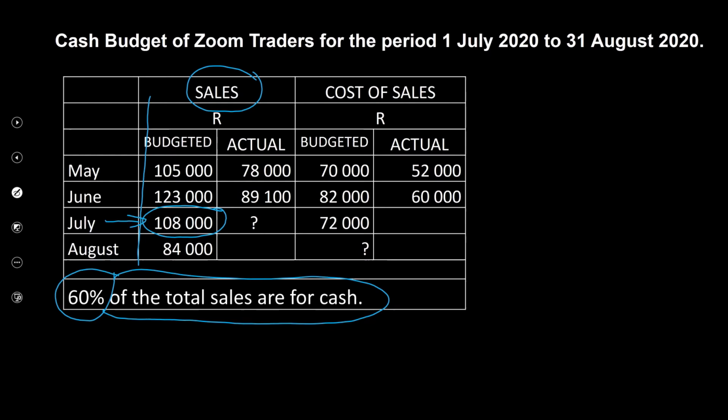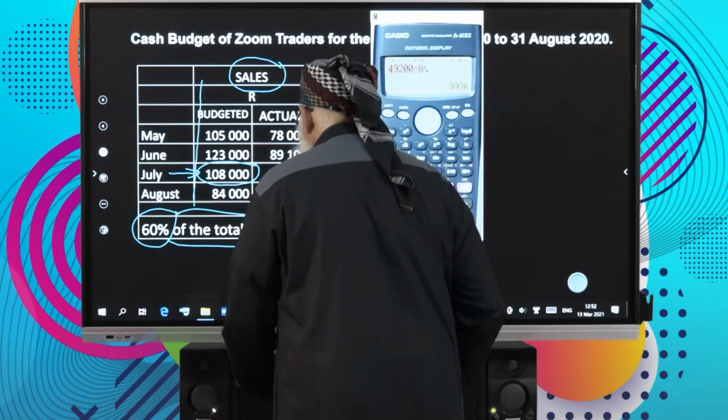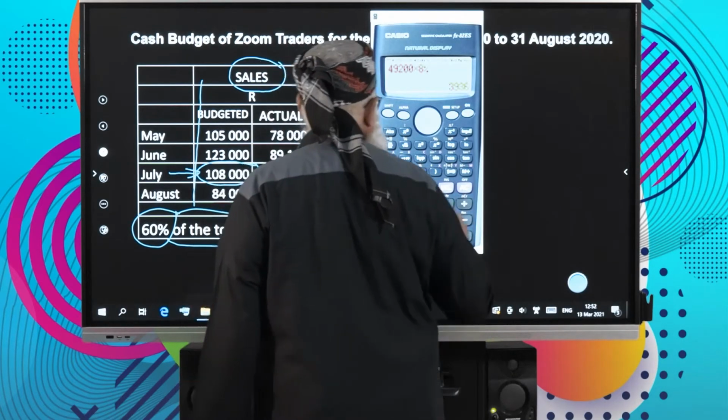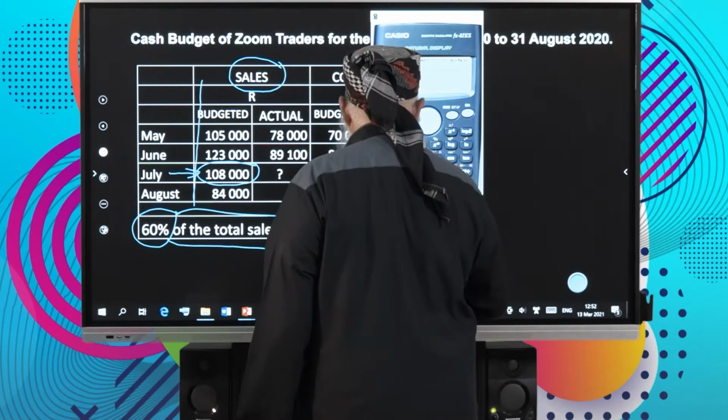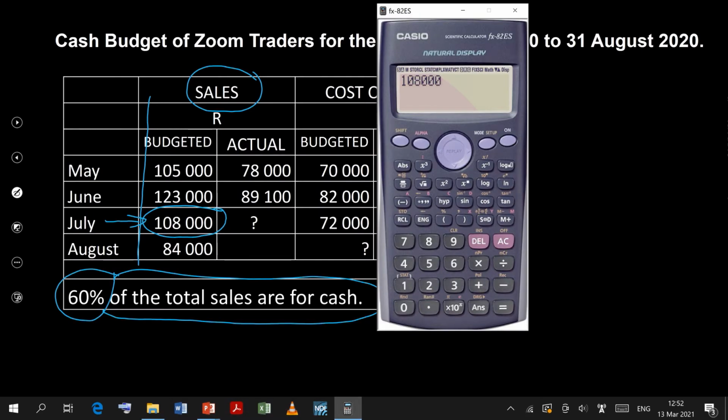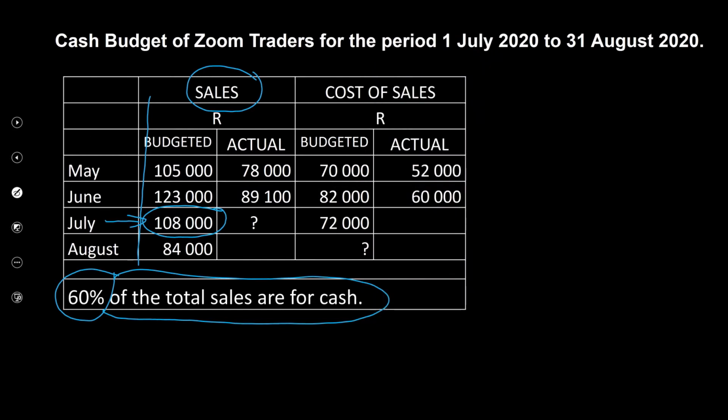So therefore, let's take the 108,000, which was my total sales for July, multiply that by 40%, because clearly the figure that's given to me is my total sales and my credit sales amount to 40% of that figure. Therefore, if I calculate this, it gives me a figure of 43,200.